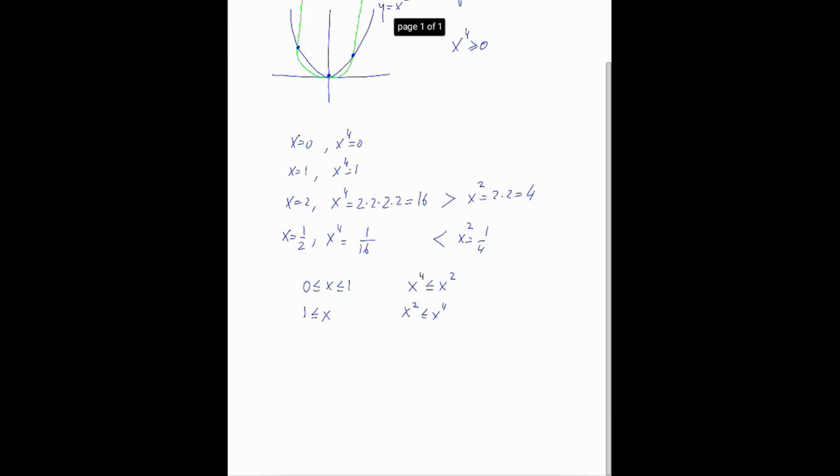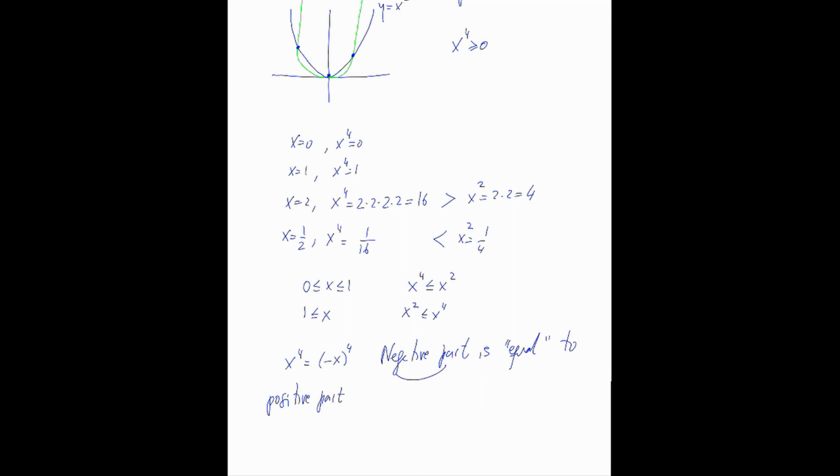Now, obviously, x to the fourth is the same as minus x to the fourth. So it's symmetric. The negative part is similar or equal in a sense to the positive part. By negative part, I mean here x less than or equal to 0, and positive x greater than or equal to 0.